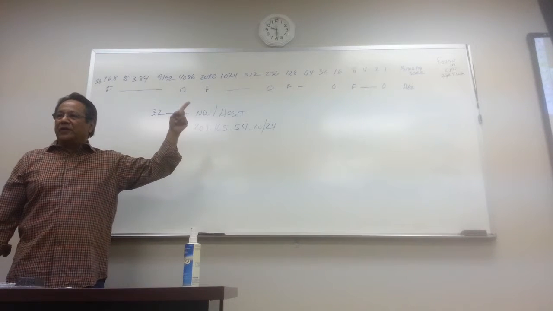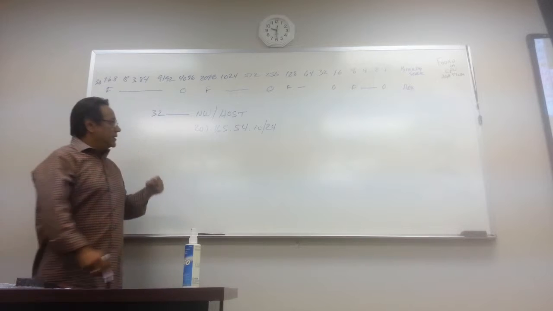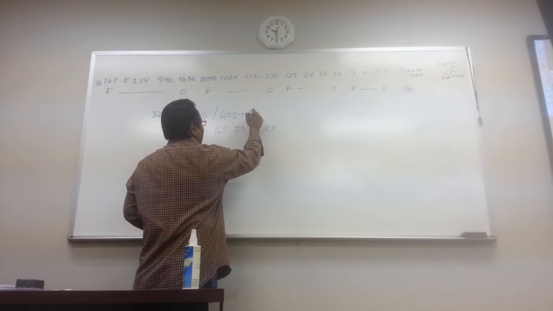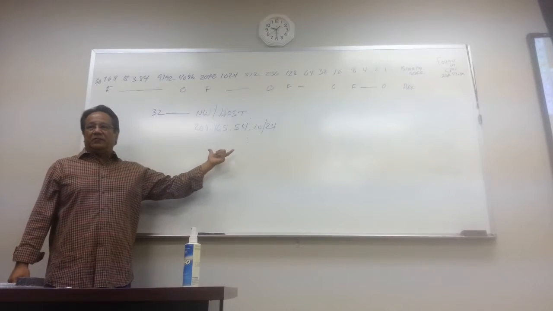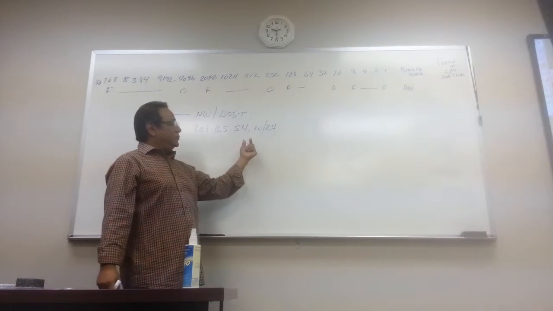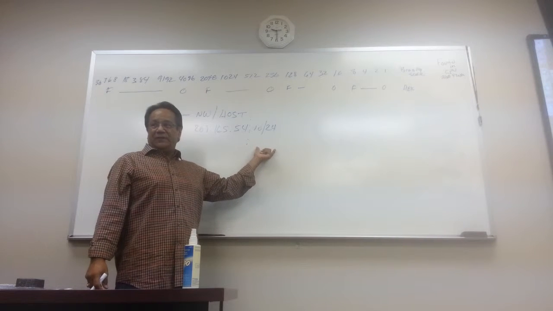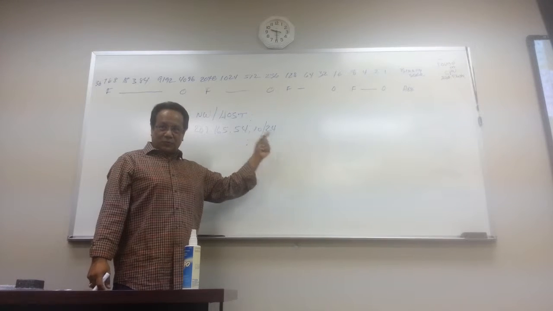How big is the network address? 24 bits. That means of the 32 bits, 24 of them are going to be my network. Then I'm going to use the last byte of a 4-byte address for the host.